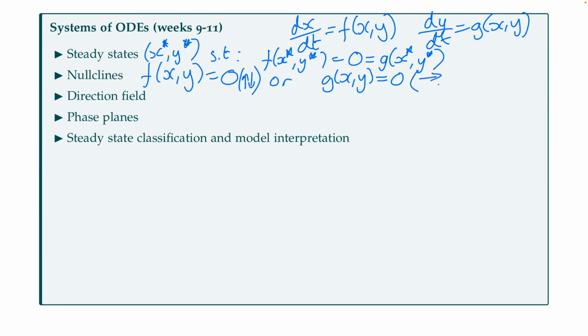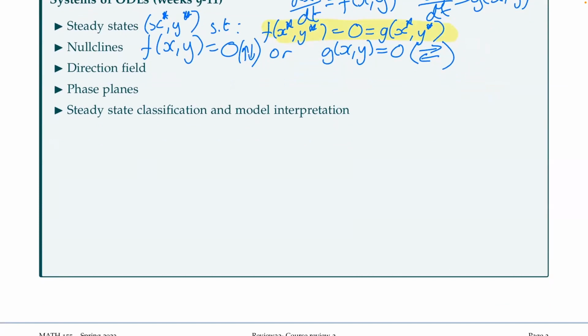And if g of x, y is equal to 0 and y is on our vertical axis, then it means there's no movement up or down. We have to be moving left or right. Obviously, if you find your steady states first, for example, then this should give you your nullclines as well. Okay, so you don't necessarily have to go all the way back through to find your nullclines.